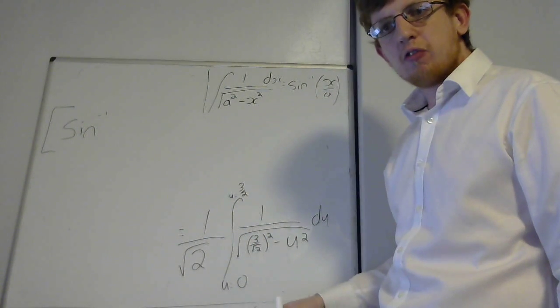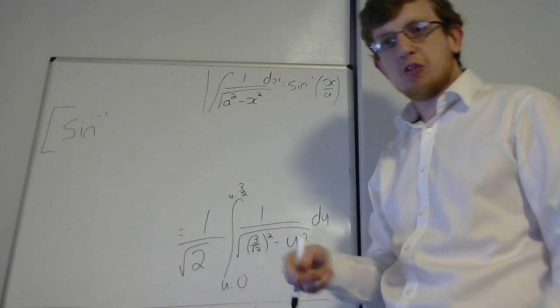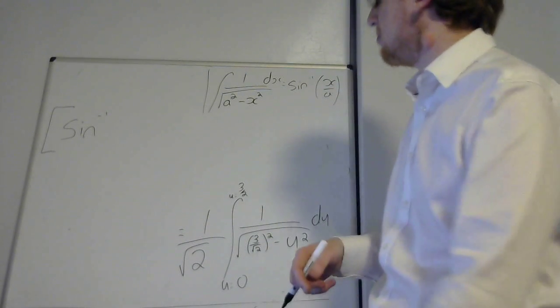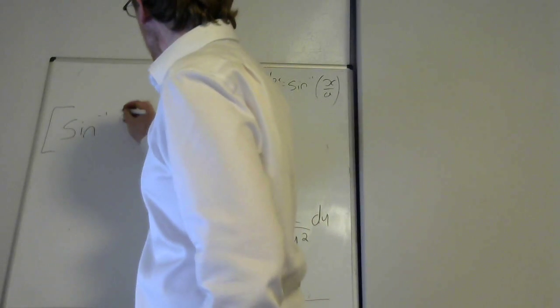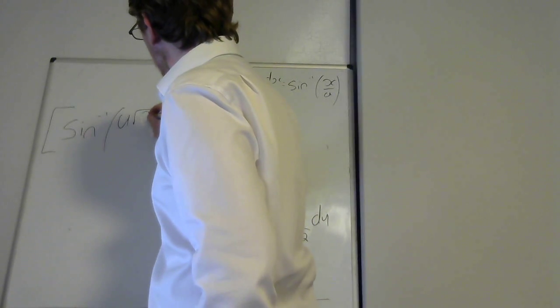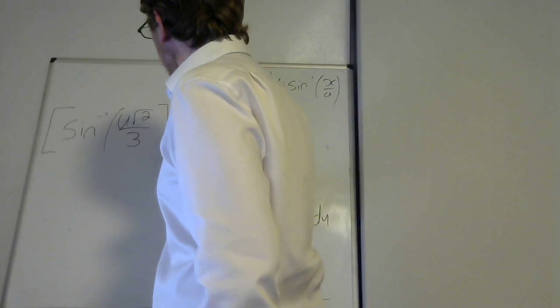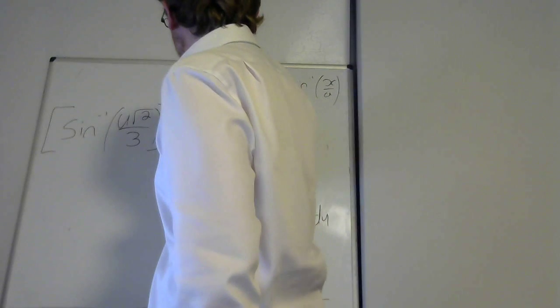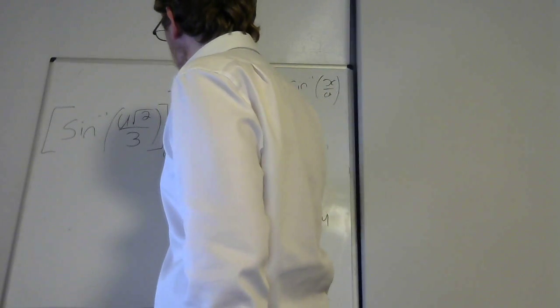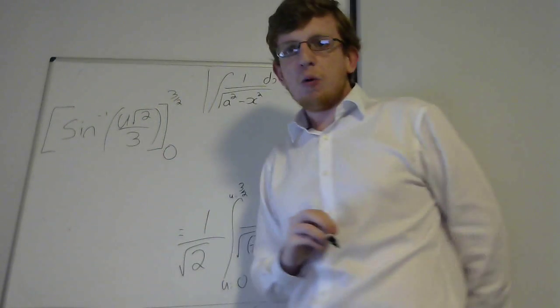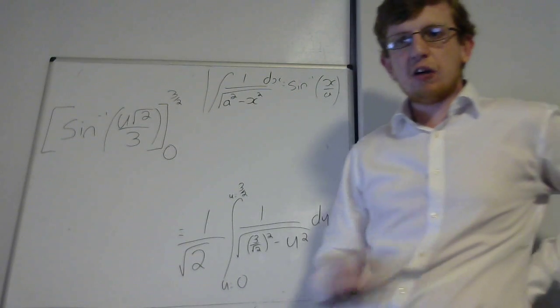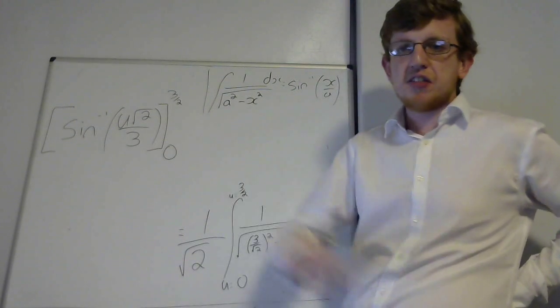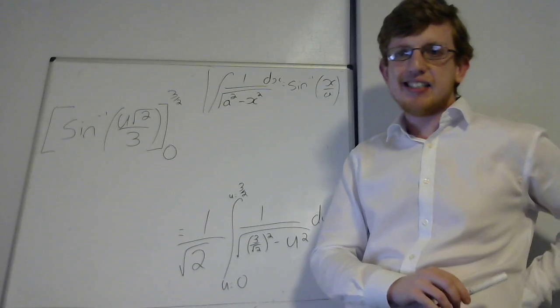Divided by 3 over root 2. When we divide by 3 over root 2, it's the same as multiplying by the reciprocal. So that would be u root 2 on 3. And that's between u is equal to 3 over 2 and u is equal to 0. We don't have to worry about u equals 0 because that will give us the inverse sine of 0, and the inverse sine of 0 is 0.